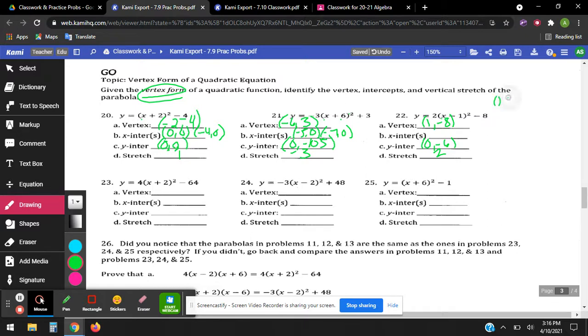So 0 equals 2 times x minus 1 squared, minus 8. First, I'm going to add 8 to both sides. So 8 equals 2 times x minus 1 squared. Divide by 2. 4 equals x minus 1 squared.